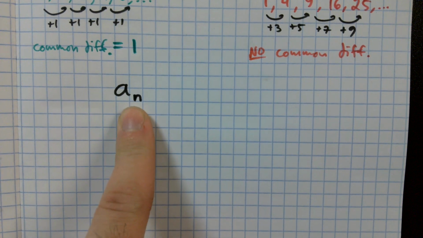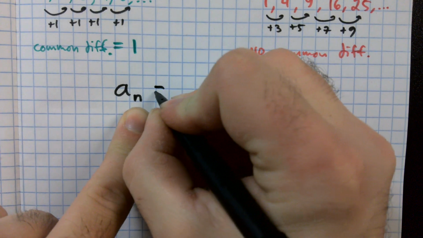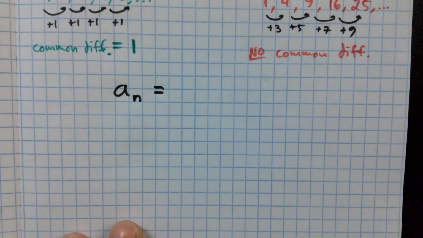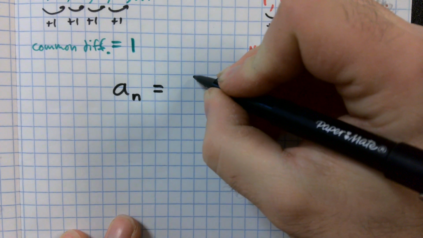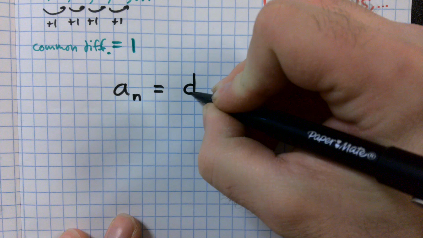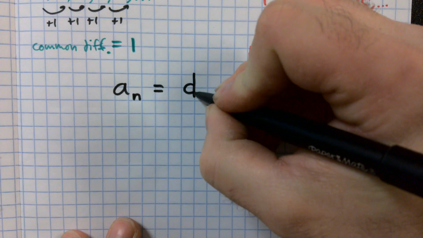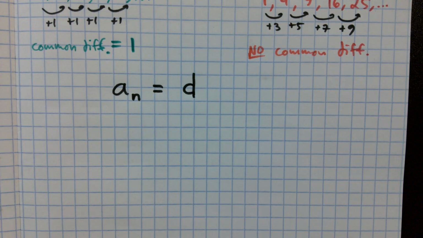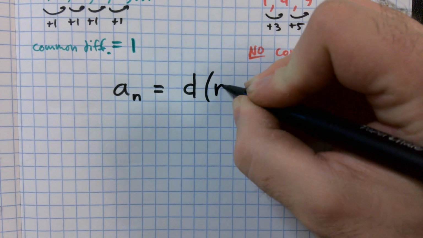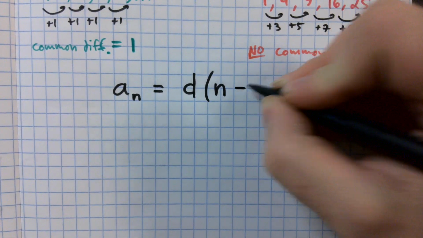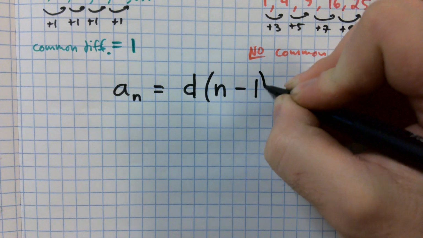A sub n is equal to D times the quantity n minus 1 plus a sub 1. I'm trying to make this as neat as I can.